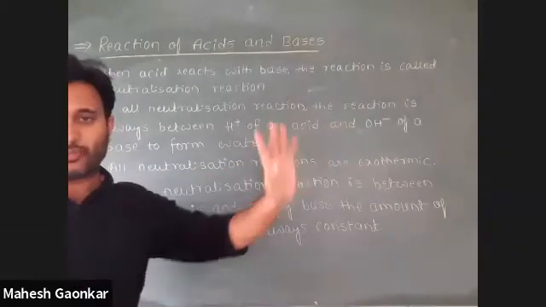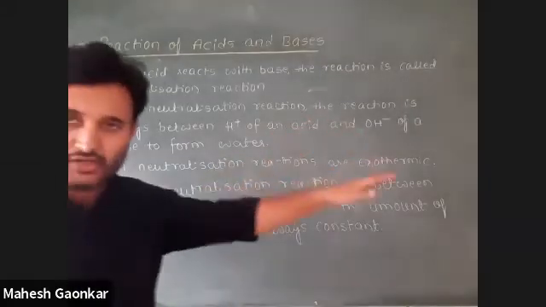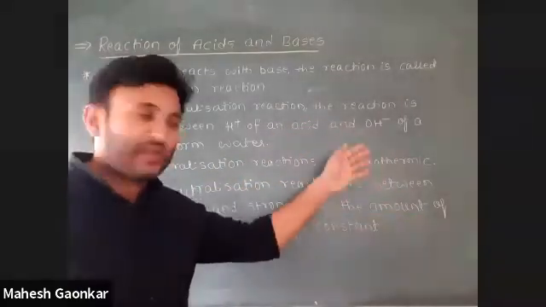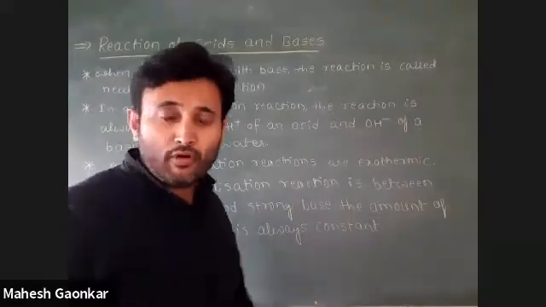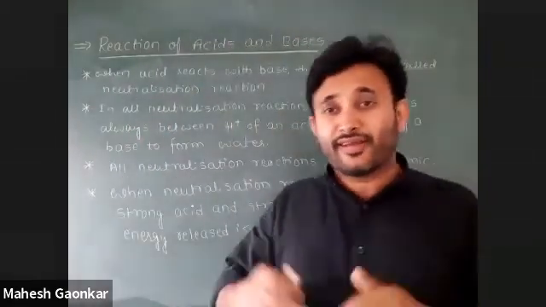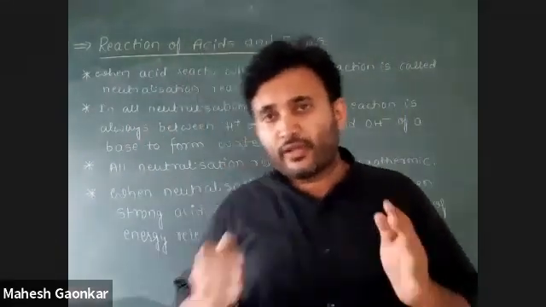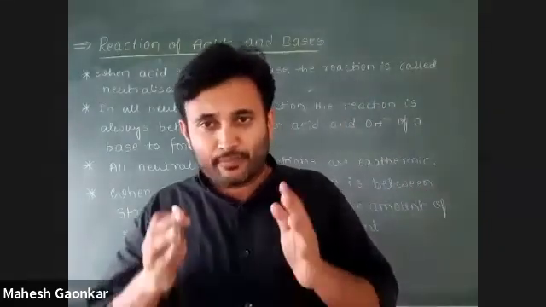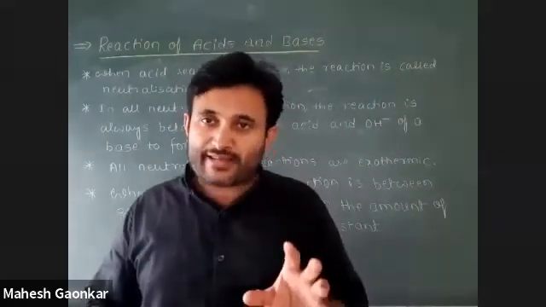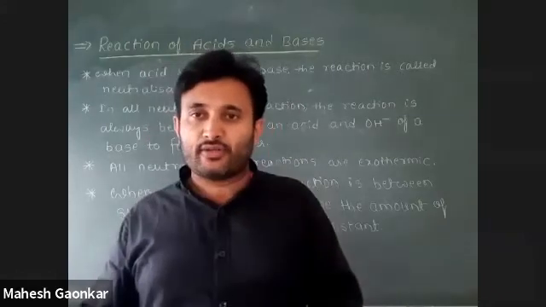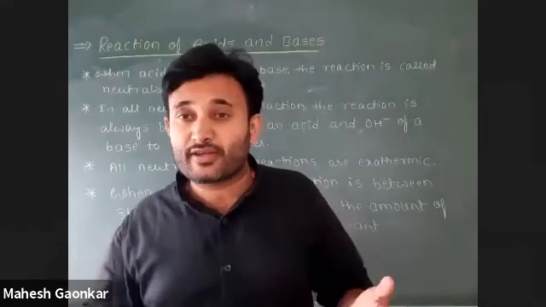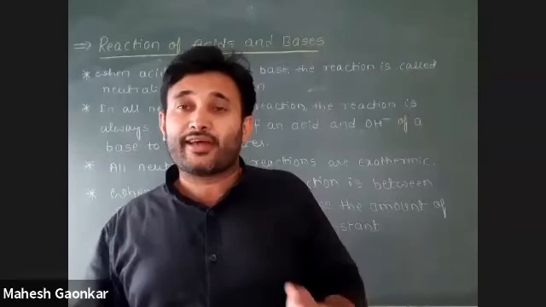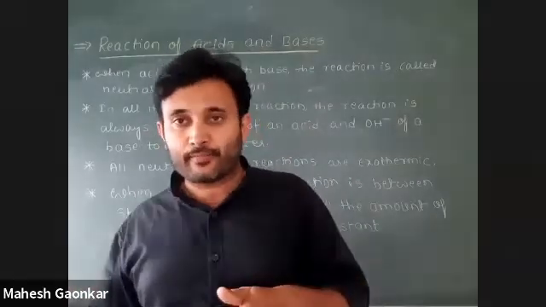reactions are exothermic, right? That means they release heat. Heat is nothing but energy. If the neutralization reaction is between strong acid and strong base, it may be like between HCl and NaOH. It can be between KOH and HCl, right?